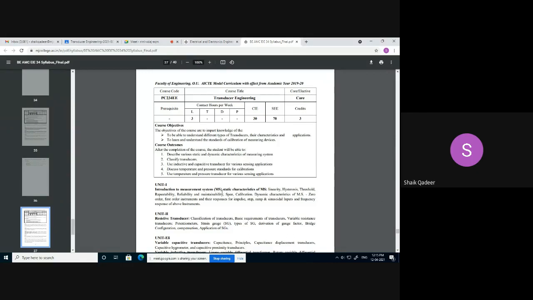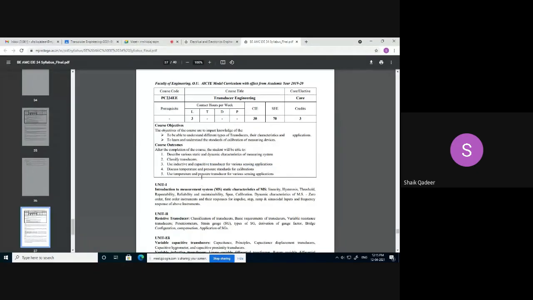At the end of this course, the student will be able to describe various static and dynamic characteristics of a measuring system. This outcome we can acquire from Unit 1. At the end of Unit 2, the student will be able to classify different transducers. At the end of Unit 3, the student will be able to use inductive transducers and capacitive transducers for various sensing applications. At the end of Unit 4, the student will be able to discuss temperature standards for calibration. At the end of Unit 5, the student will be able to use pressure transducers for various sensing applications.